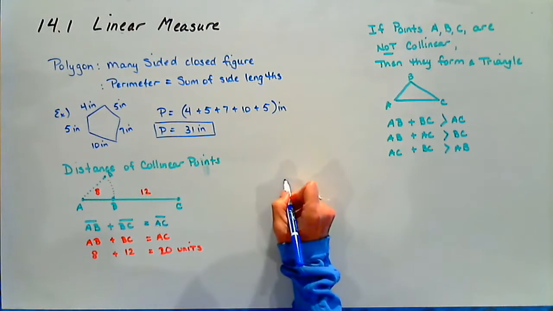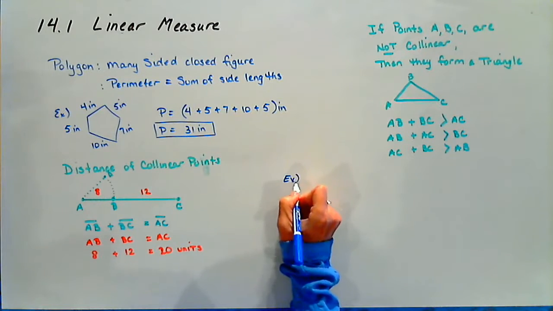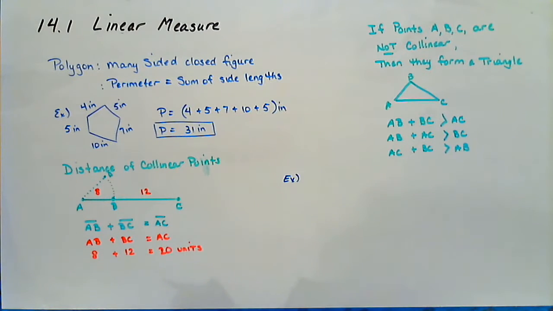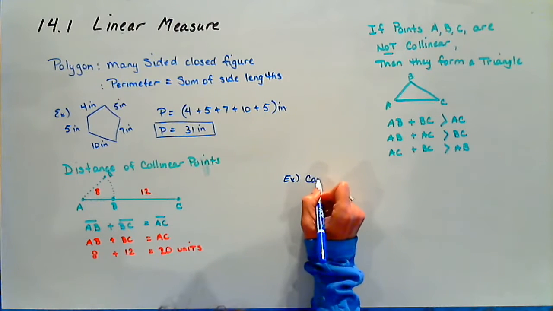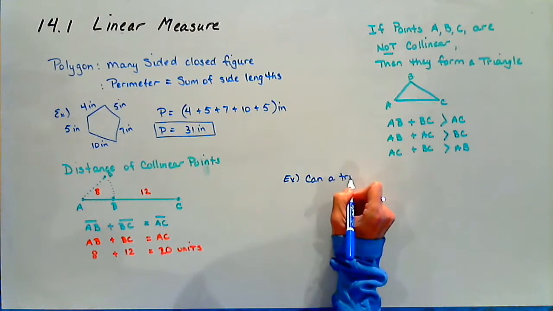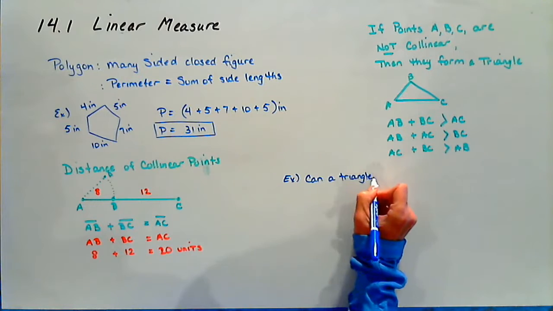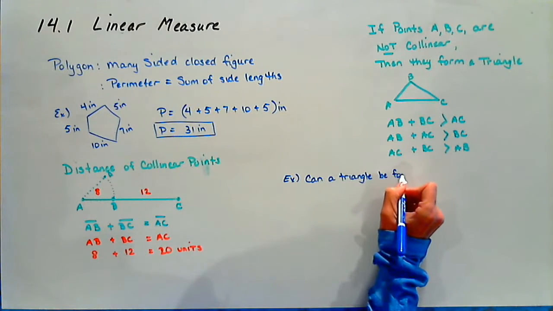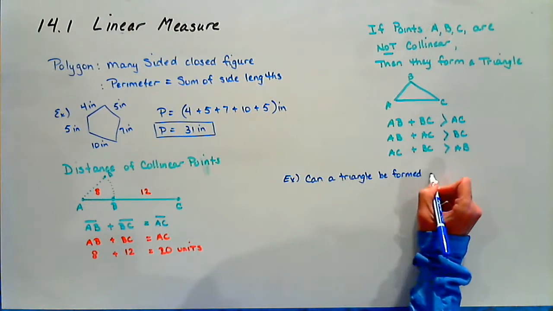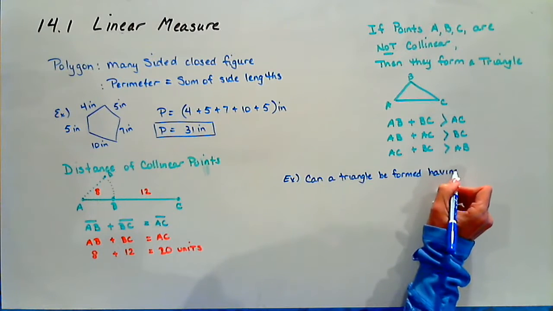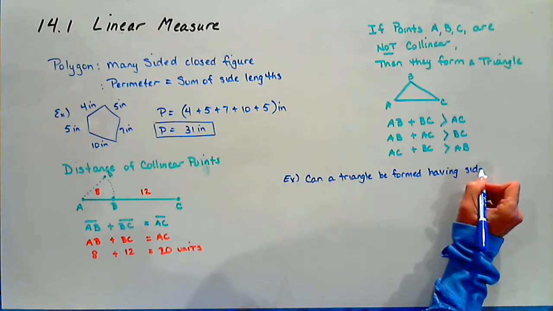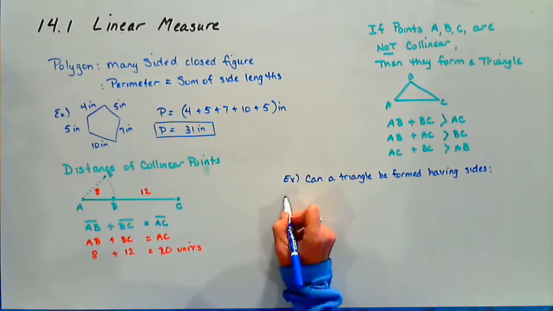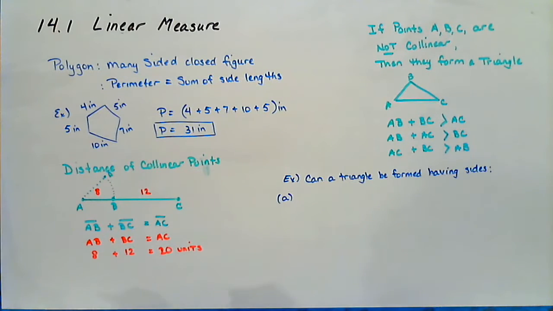So let's take a look at a couple of examples going along with that. Can a triangle be formed with the following side lengths? Your first example. Let's say we have, what are nice numbers?